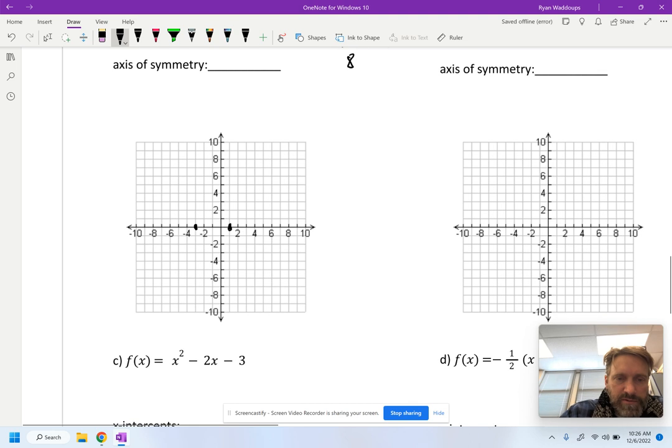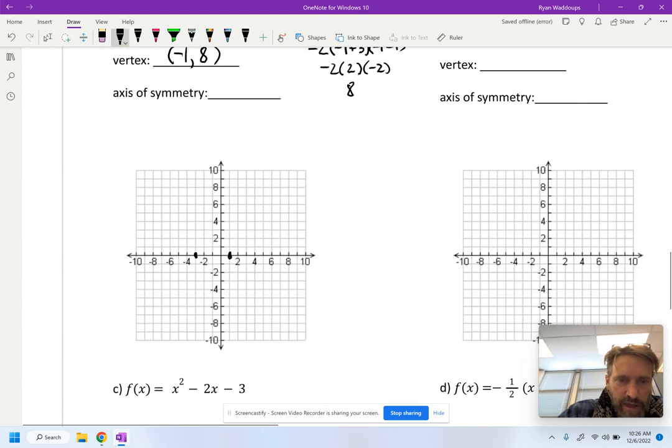And I go up to negative 1 and go up to 8. And I plot a point, and then the axis of symmetry is always going to be x equal to the x coordinate of the vertex. So it's x equals negative 1.